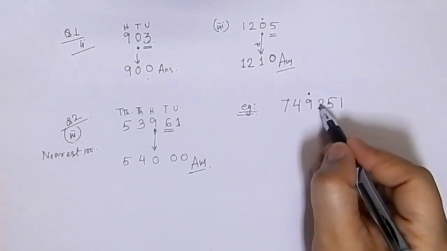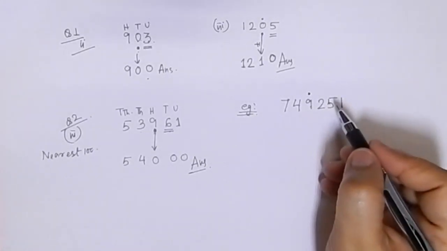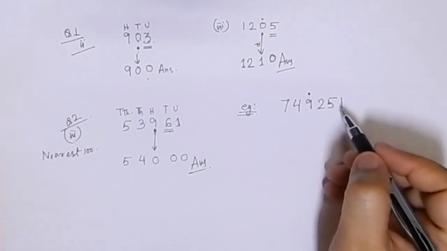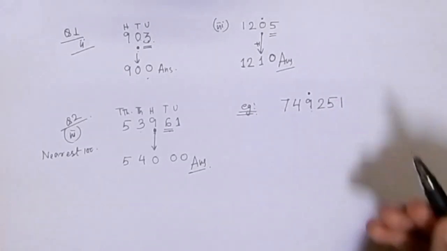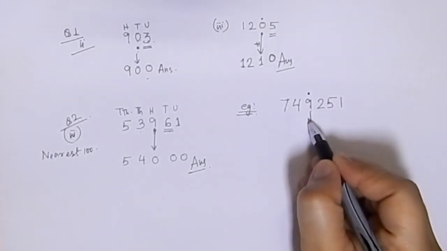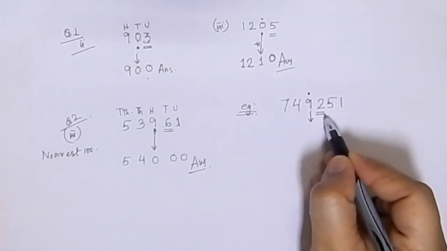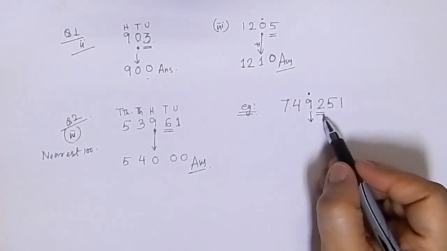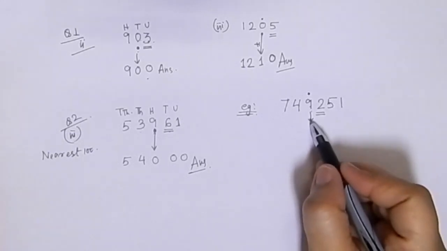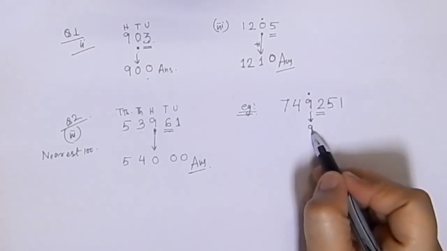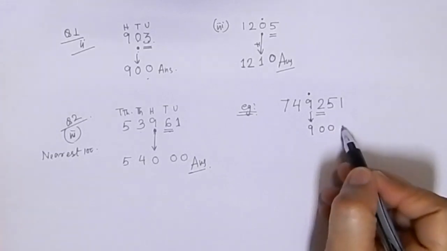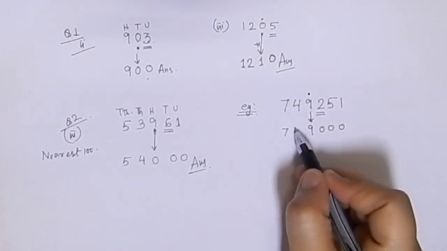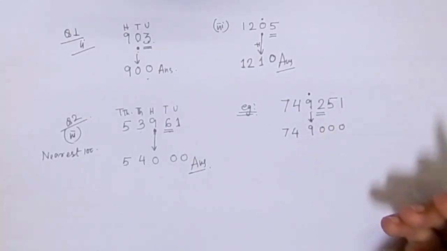Unit, 10, 100, 1000. That is rounding off to the nearest 1000. When it is to the nearest 1000, this is the place where I have to round off. Let us check this number. Now see, this number is less than 5. So this remains unchanged. Right hand side numbers become 0 and the left hand side numbers remain unchanged.